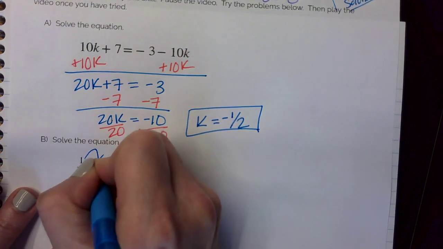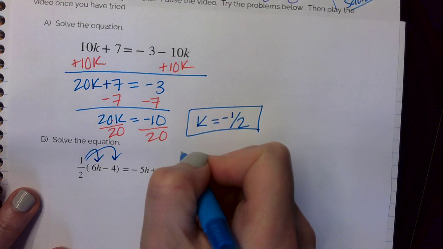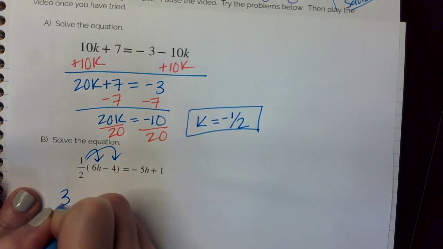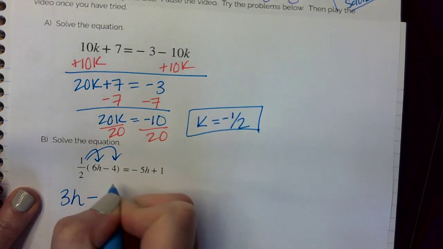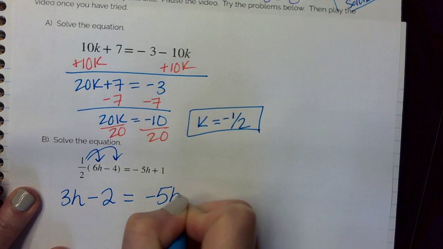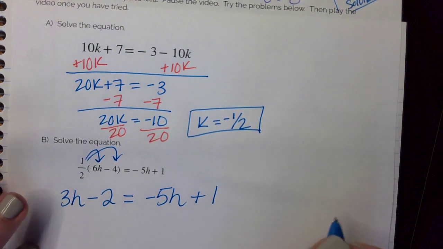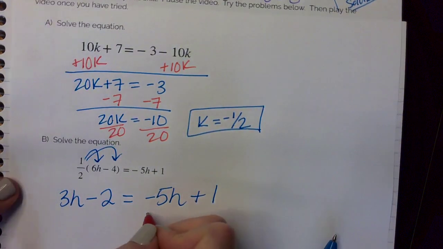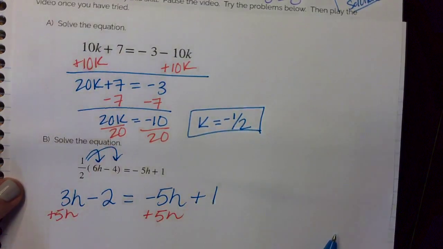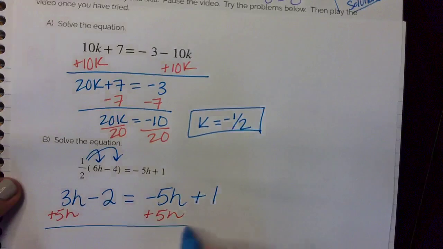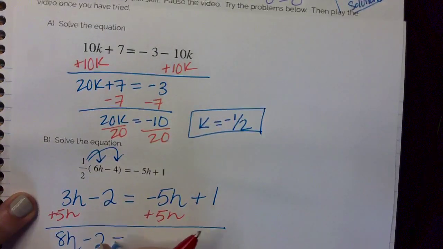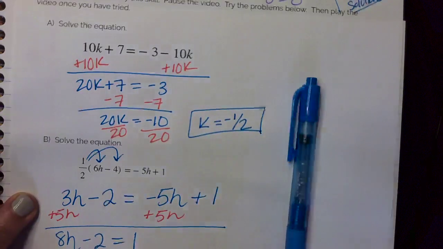Now let's do the next one, which uses the distributive property. 1/2 times 6h is 3h, minus 1/2 times 4 is 2. I'm going to isolate the variable terms over here. 8h minus 2 equals 1.